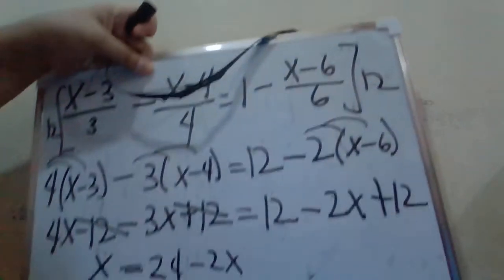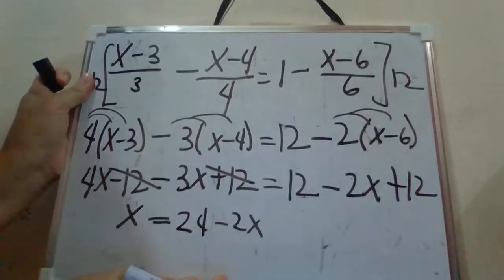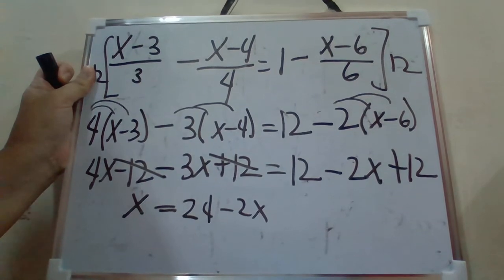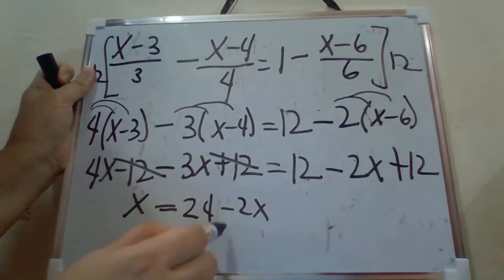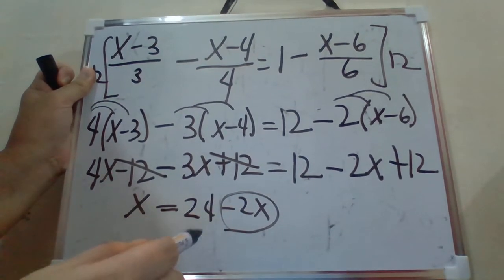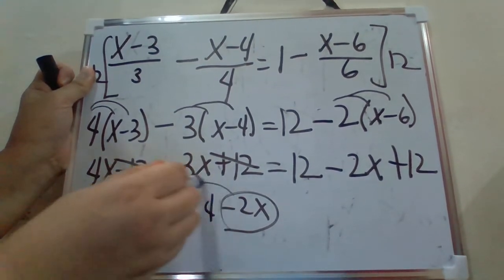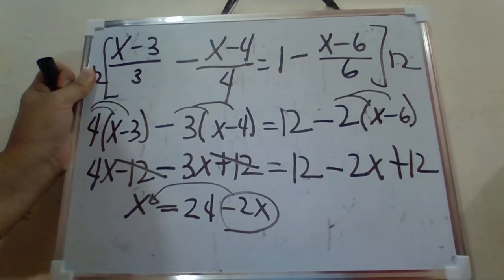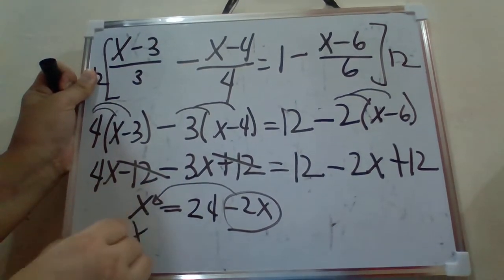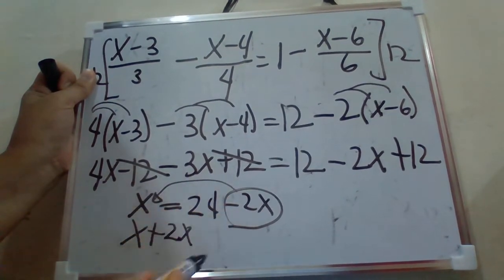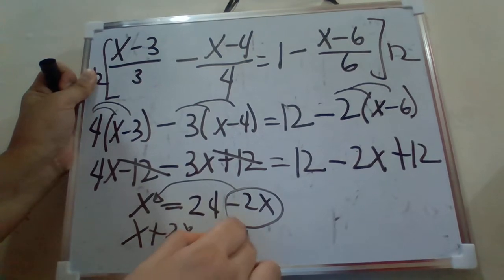Oops, I'm sorry about that. Now we have a variable on the right side, so we need to transpose it to the other side so we get the value of x. So it becomes x plus 2x, since it's negative on the right side, equals 24.